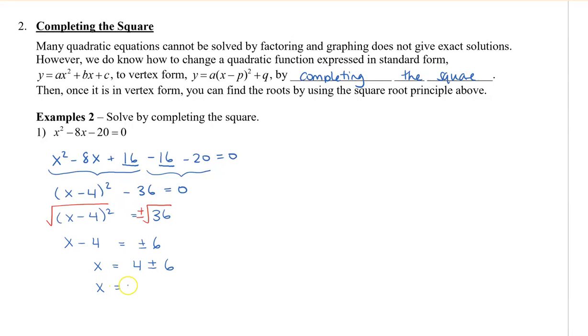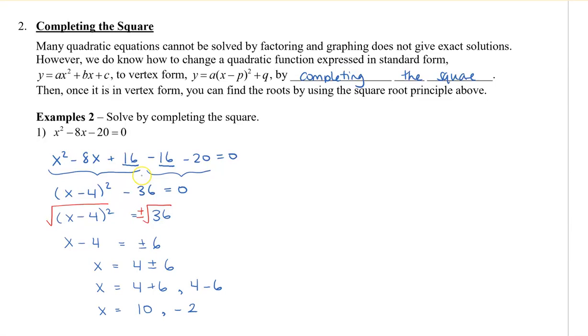So what we can do here is we can actually solve for the two values. So we say that 4 plus 6 will give us one root, and then 4 minus 6 will give us a second root. So we're going to solve these little equations here. 4 plus 6 is 10, and then 4 minus 6 is negative 2.